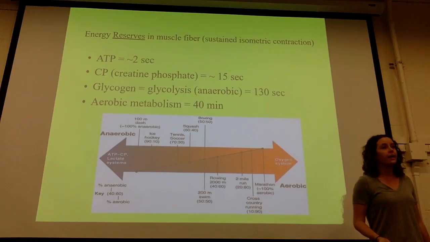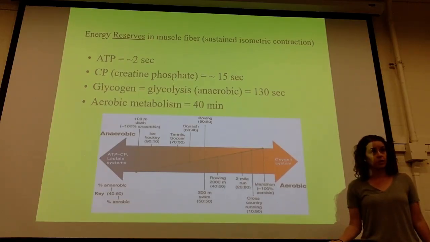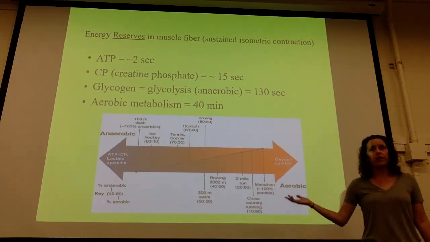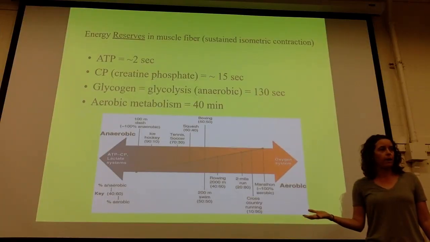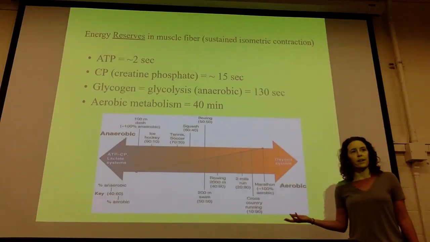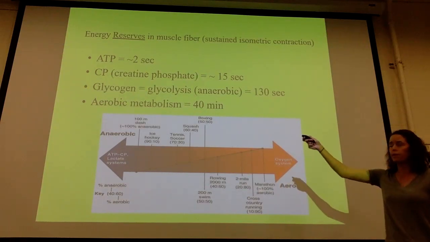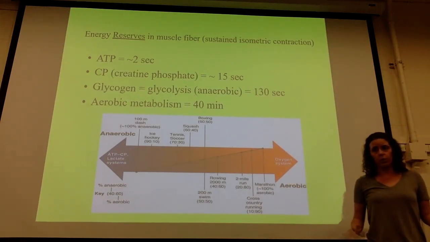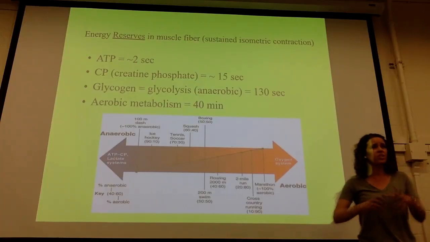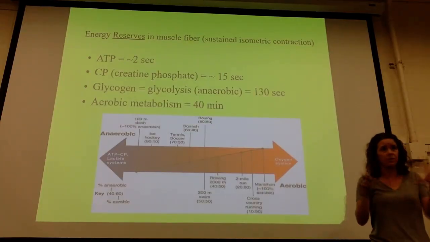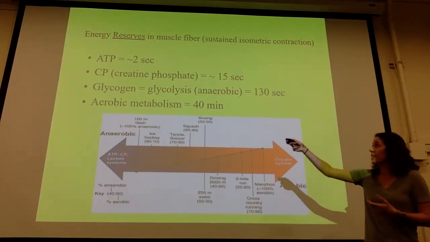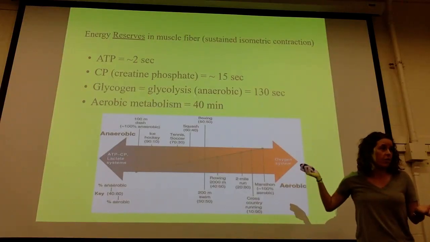We know we need energy in order to produce muscle contractions. There are different areas that can supply us with energy for these exercises. So the first thing that we do when we're using our muscles is we use whatever available ATP is already present. That only really gives us about 2 seconds worth, though, of activity.